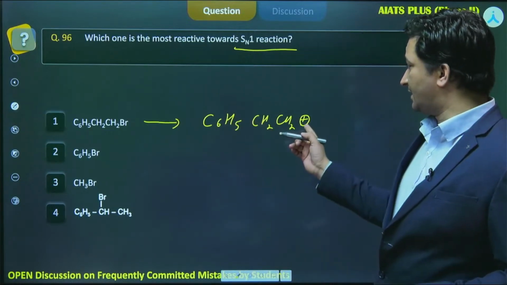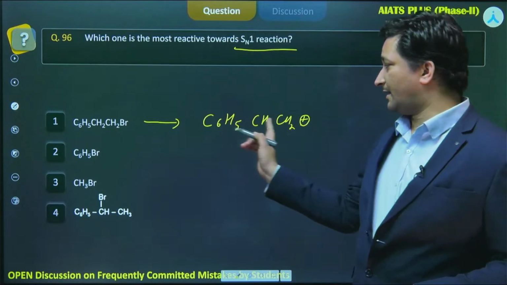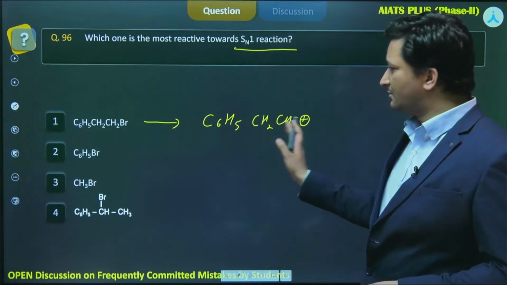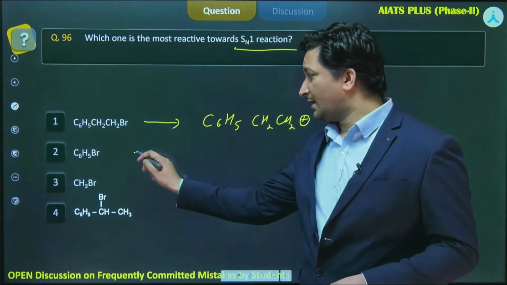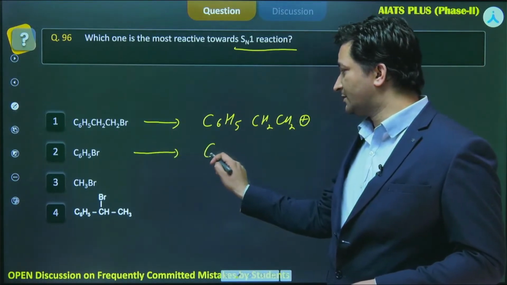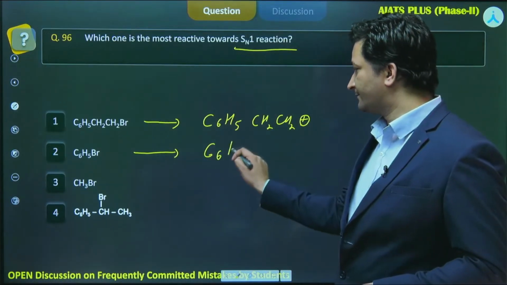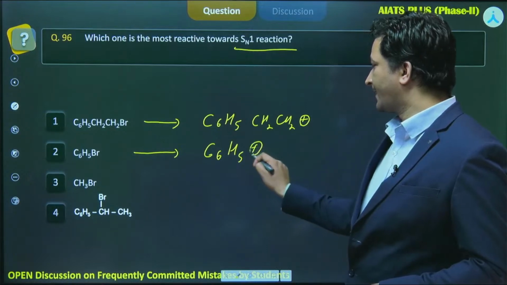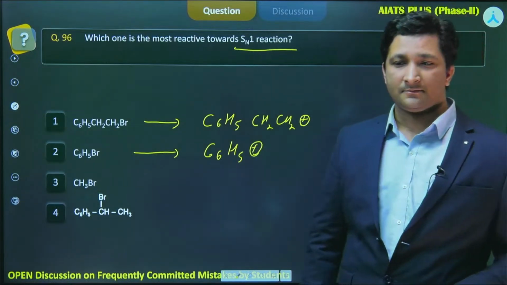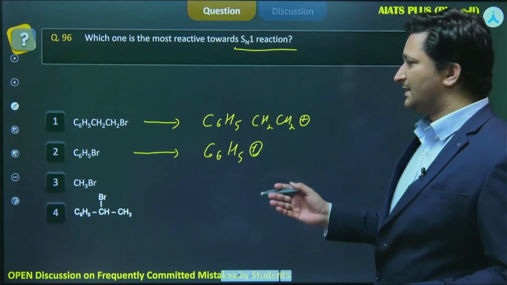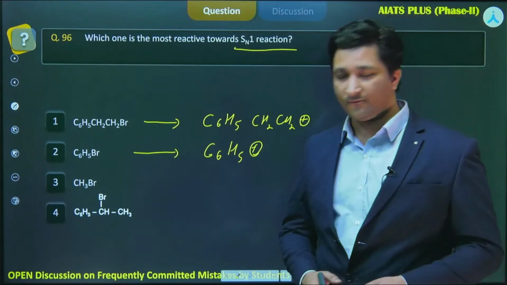You can see here this plus charge is here, and in between there is a CH2 sp3 hybridized carbon. So resonance is not possible. Now one more thing, if we remove this Br, it will produce phenyl carbocation. You already know that phenyl carbocation is least stable. It is generally not formed.